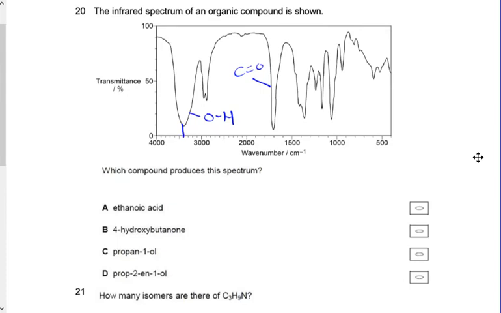So this is not a carboxylic acid spectrum, it is a hydroxy ketone spectrum, and the answer to the question is B, 4-hydroxy butanol, which has a C double bond O and an OH as part of the hydroxy. The OH peak is too far to the left to be that for a carboxylic acid. Trick question, very tricky, but the answer is B, 4-hydroxy butanol.